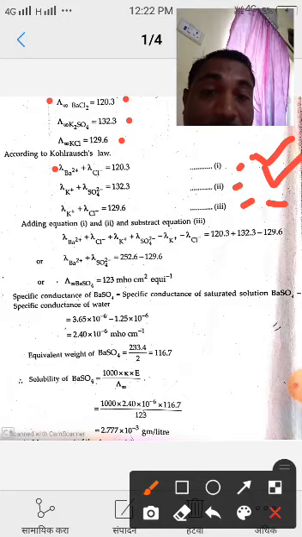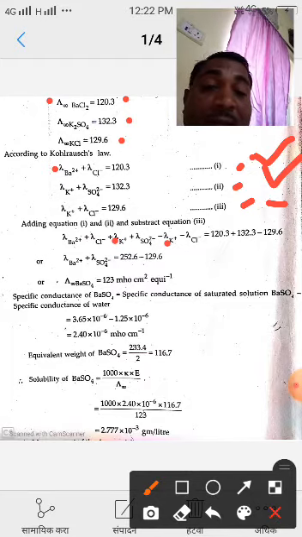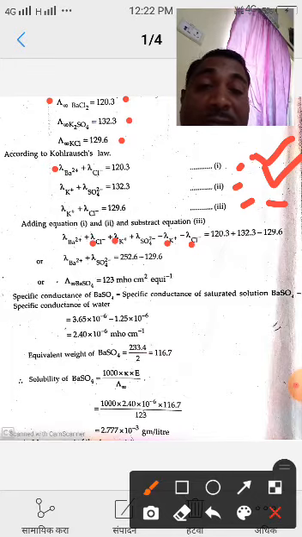Then from these expressions, the ionic conductance of potassium cancels, because opposite signs are present in front of it, and the ionic conductance of Cl negative ions also cancels out because of the opposite sign.